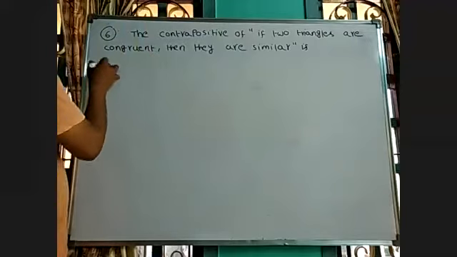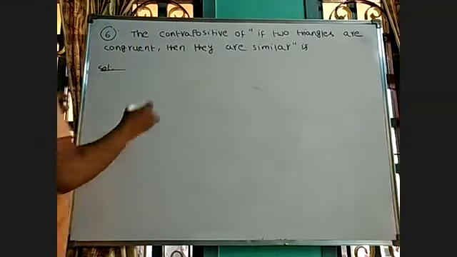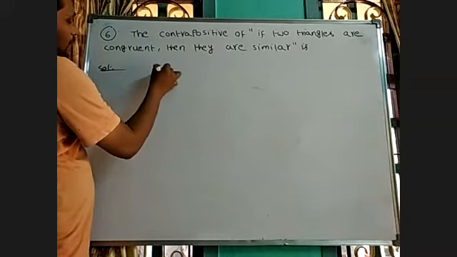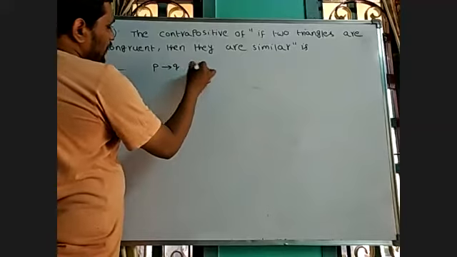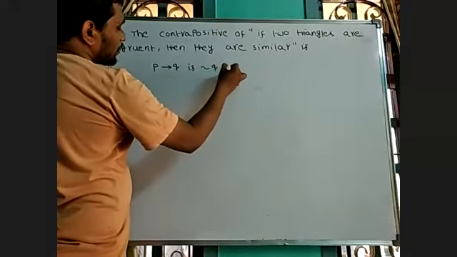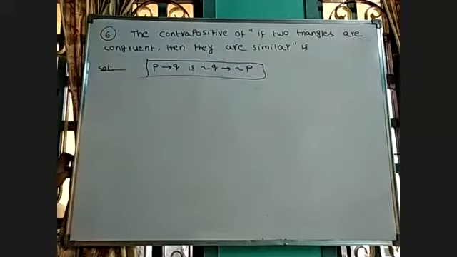See that one? Contrapositive means P implies Q becomes negation of Q implies negation of P. Means we write them as opposites.